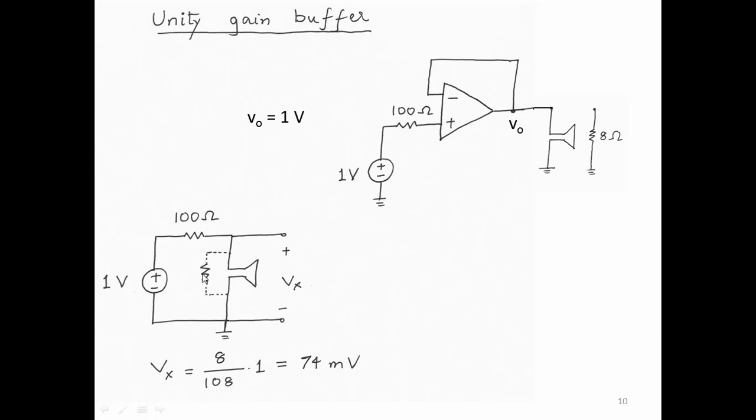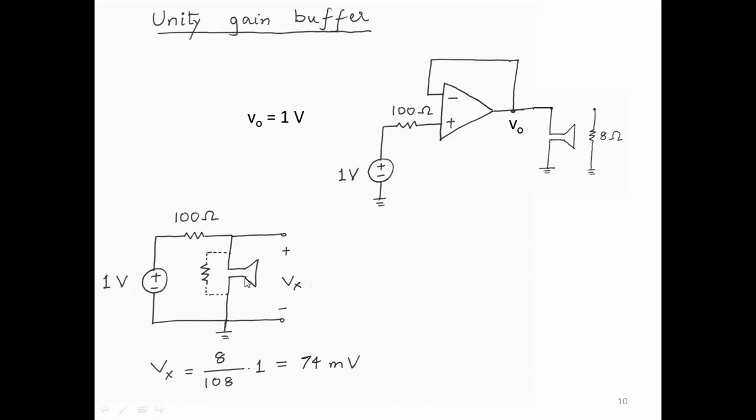So when the load resistance is much smaller than the source resistance, then the output across the load is much smaller than the voltage applied to it through the source resistance. That effect is called loading. The load causes the output voltage to reduce. And this is not good, right? I wanted 1 volt, I get only 74 millivolts.